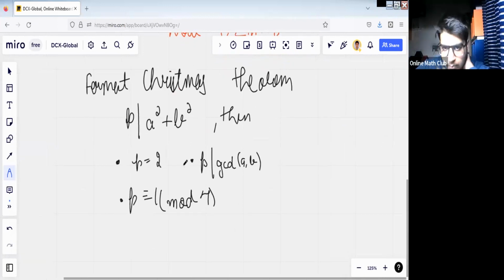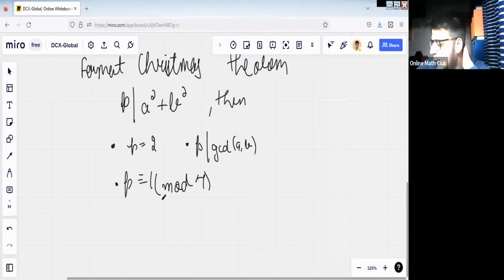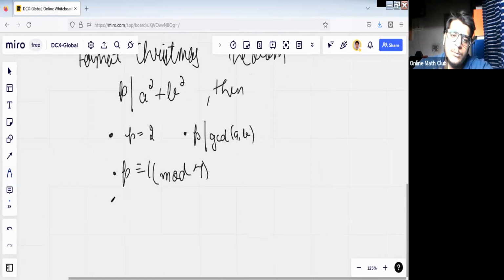Okay. So yeah, try to prove this. p is 1 mod 4.